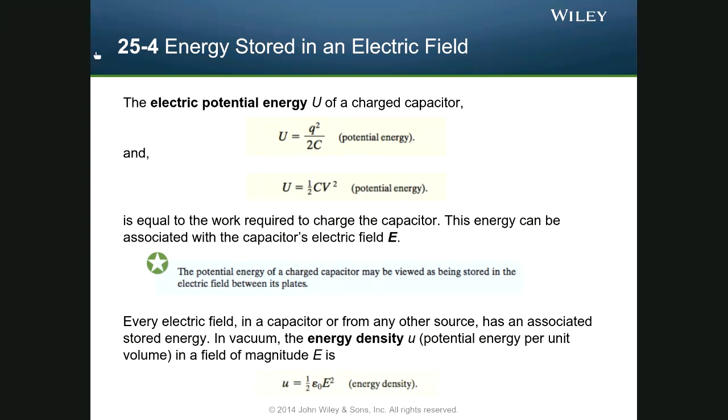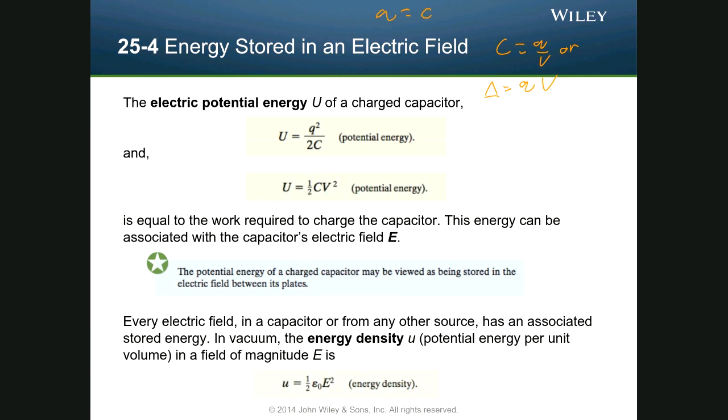let's go back, and we remember that delta U equals Q times V. So in a capacitor, C equals Q over V, and we have Q equals CV.